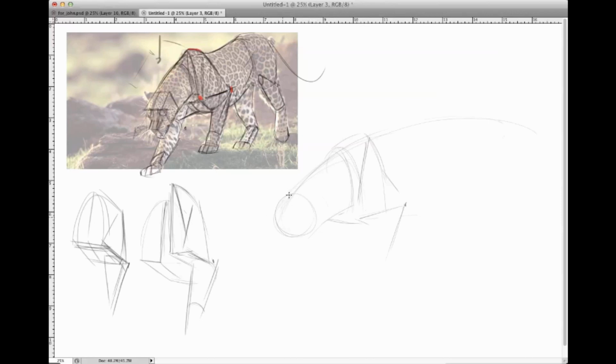But if you feel this is more comfortable, go ahead and do that. So I'm rounding out some areas, but I'm still keeping it very blocky.